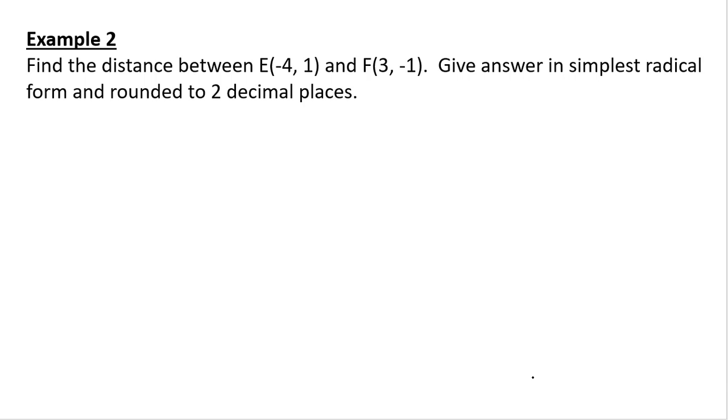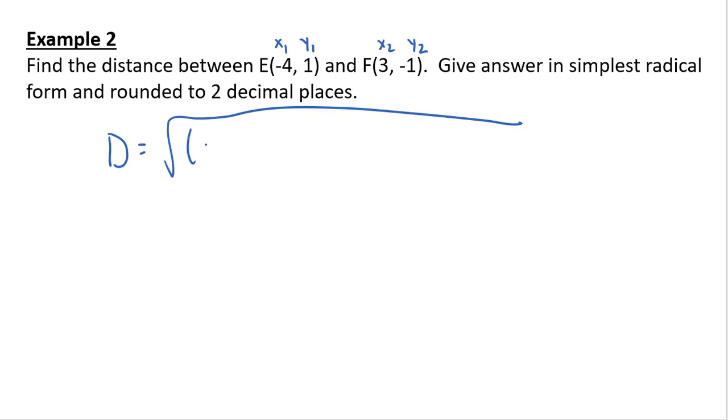Find the distance between those 2 points. We're always going to be giving our answers in simplest radical form, and then maybe I'll have us write this in 2 decimal places. I may not have you have a calculator on this question. So this is X1, Y1. This is X2, Y2. So my distance is the square root of X2 minus X1 squared plus Y2 minus Y1 squared.